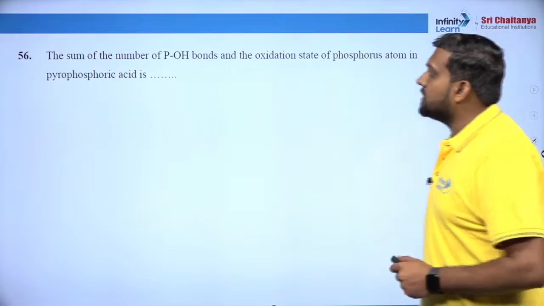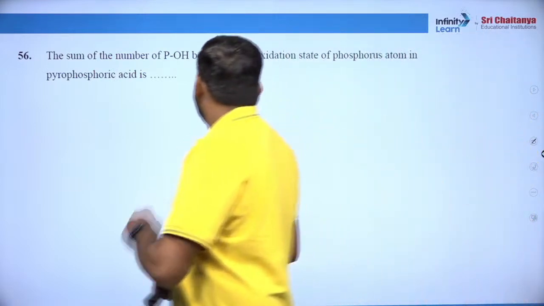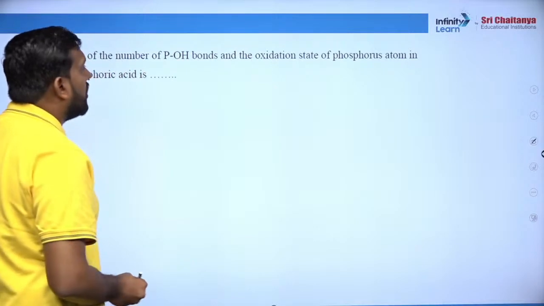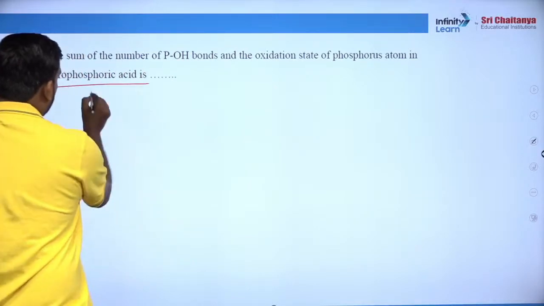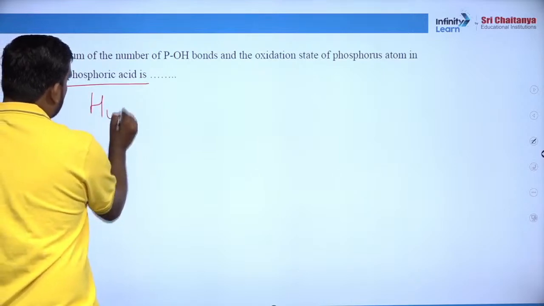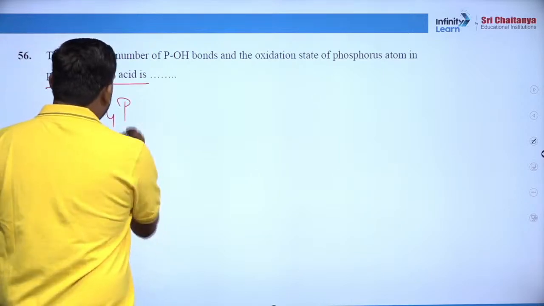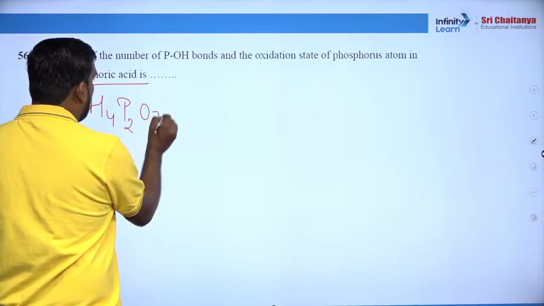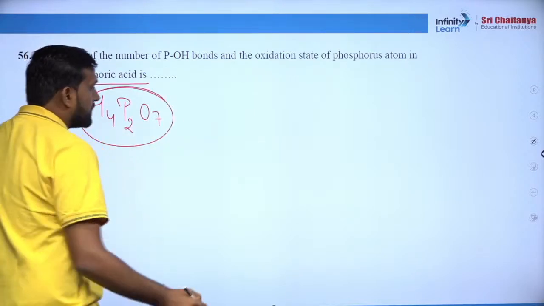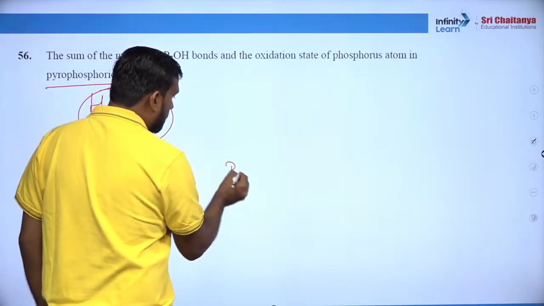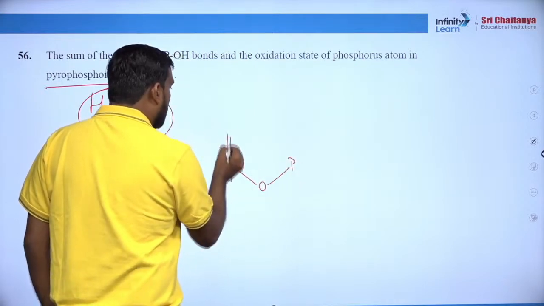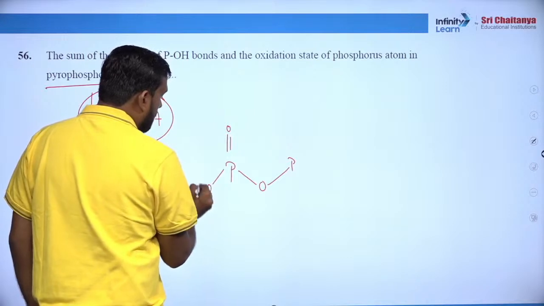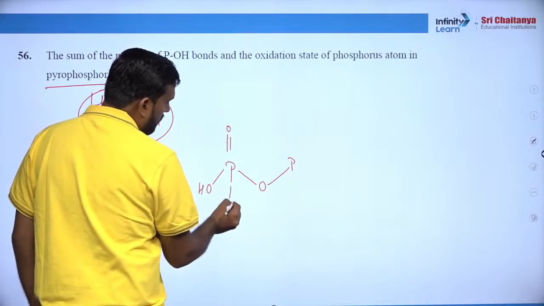The next is the sum of the number of POH bonds and the oxidation state of phosphorus atom in pyrophosphoric acid. So what is pyrophosphoric acid? It's H4P2O7. If you go for the structure, it will be something like this: P bonded to O, P, double bond O, then OH and OH.